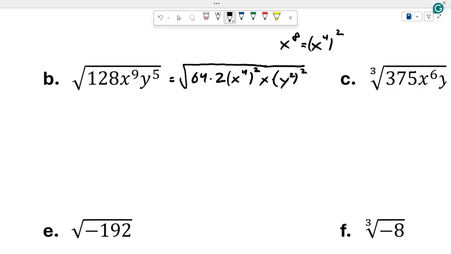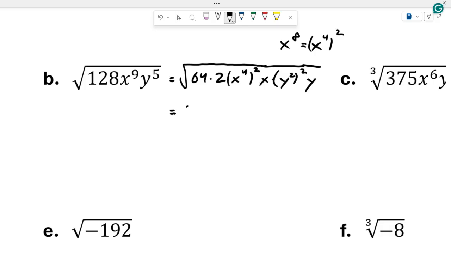And again, power to a power, you multiply. So what I've got is y to the 2nd to the 2nd, all right? And that's y to the 4th. But I don't have y to the 4th, I have y to the 5th. So again, just like with the x's, I have a single y that's going to stay underneath the square root. All right, now, I'm going to try to pull as many of these things out from underneath the square root as I possibly can.